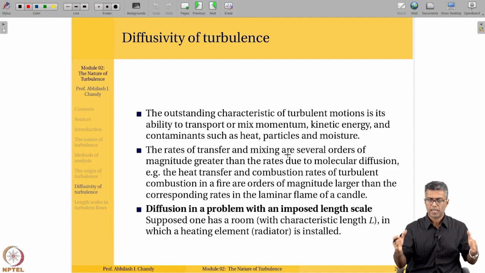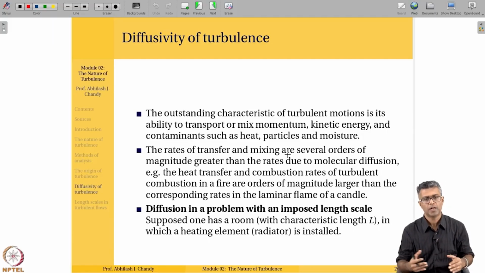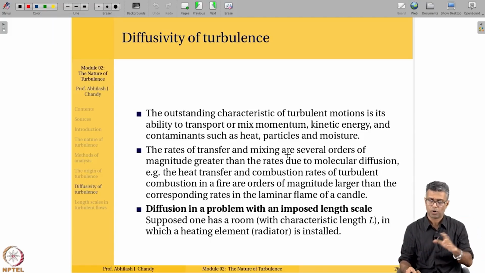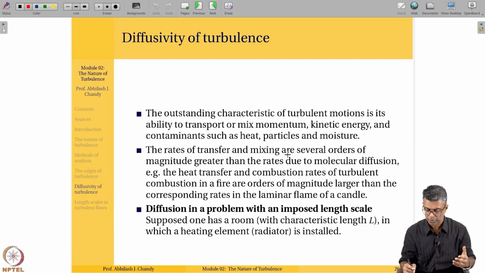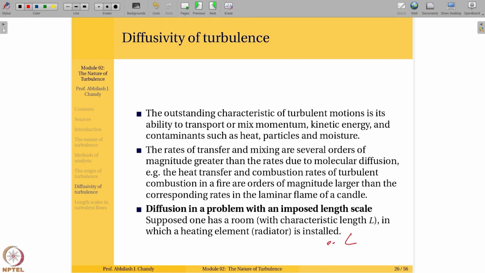The room, let's say, has a length scale L. So this L is some kind of a cube root of the volume of the room. Let's say the room does not have the same length, breadth and height. All are different. A typical characteristic length scale could be the cube root of the volume of the room. Okay, so for example, L would be approximately equal to the cube root of the volume of the room. That's a characteristic length scale for the room.